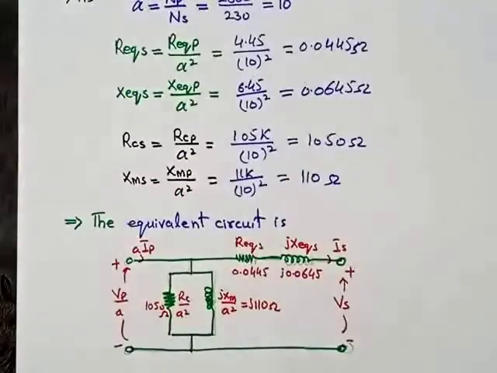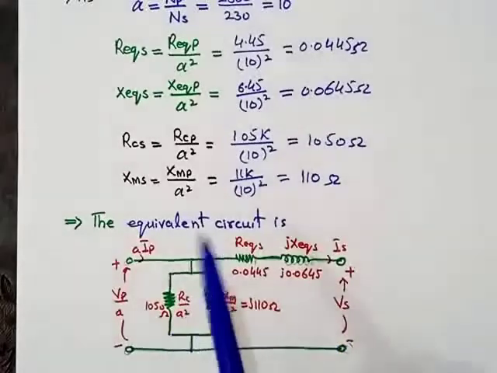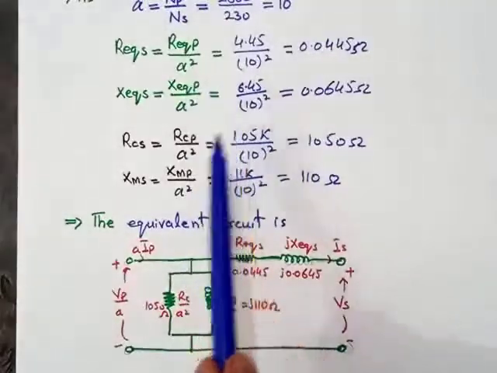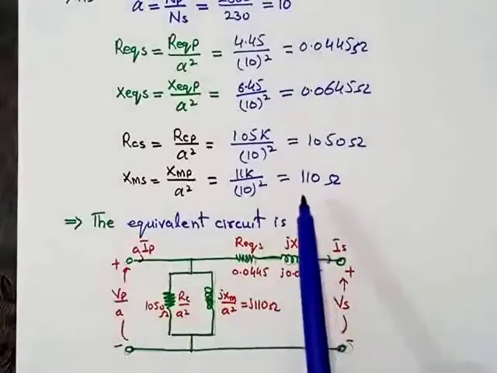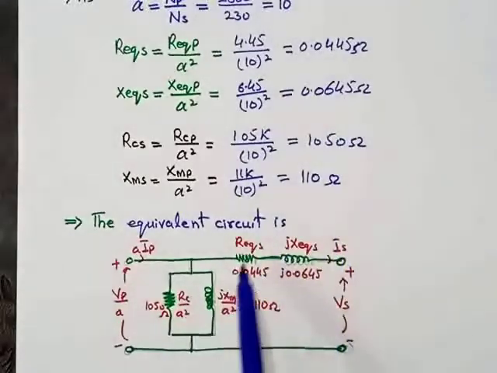So the equivalent circuit referred to the low voltage side of the given transformer is shown here. The low voltage side is the secondary side.